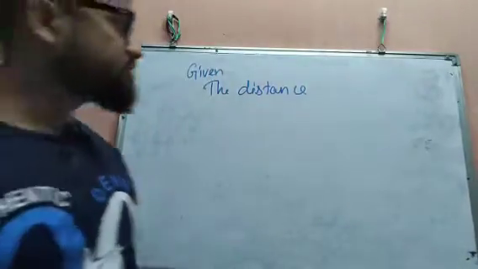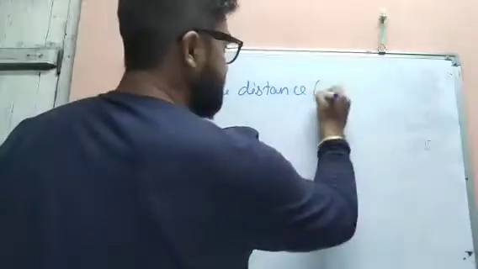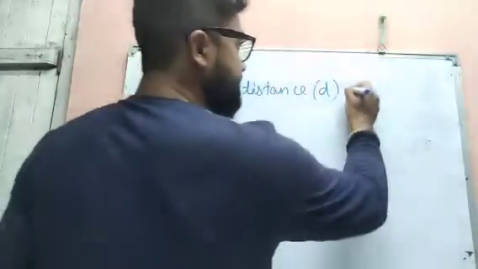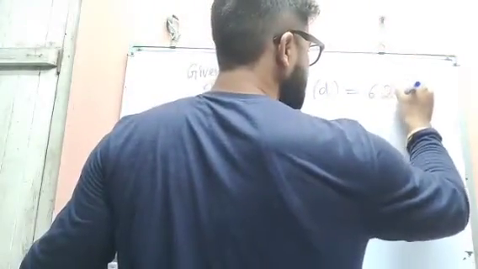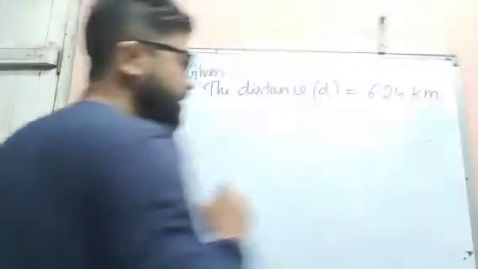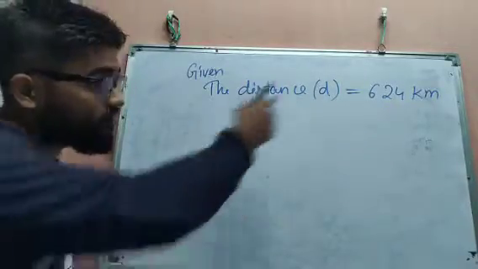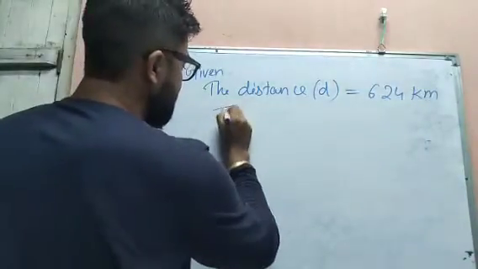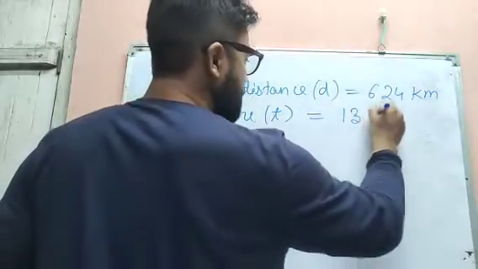Earlier I told you that distance will be denoted by d. So distance is given, 624 kilometer. Okay, and the time required by the train to cover this distance, that means time t, is given 13 hour.